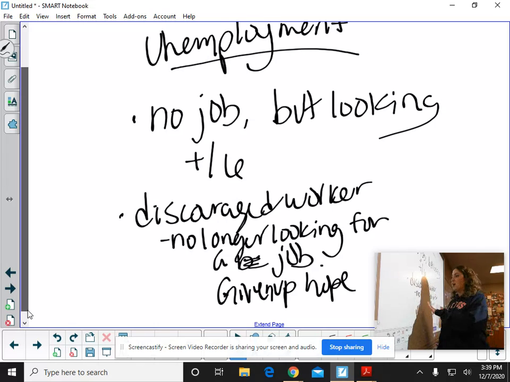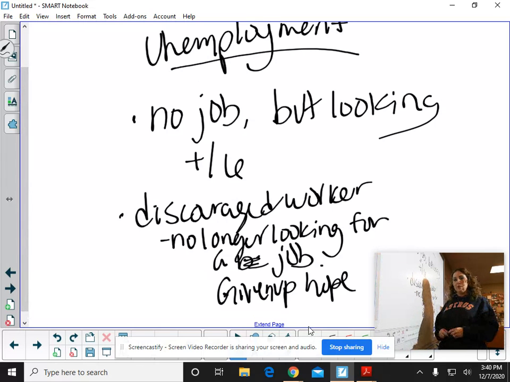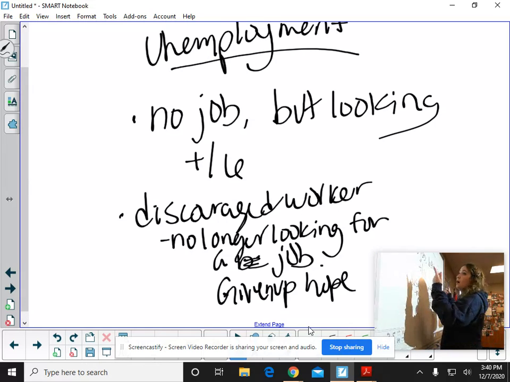But here's the thing: if they're no longer looking for a job, they're no longer considered unemployed, which means they no longer count for the unemployment rate. So sometimes the economy can get so bad for so long that the unemployment numbers drop, not because people are getting jobs, but because people are losing hope and going from an unemployed person to a discouraged worker.